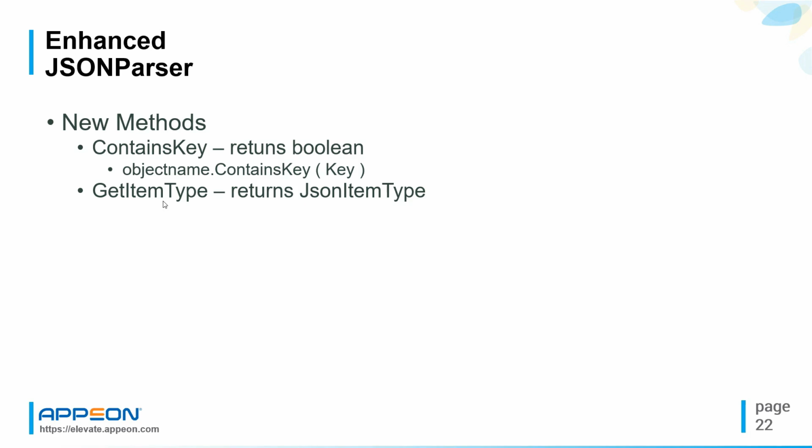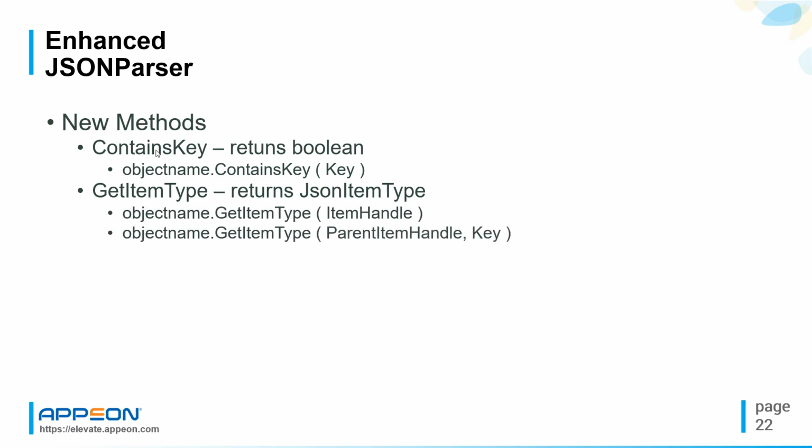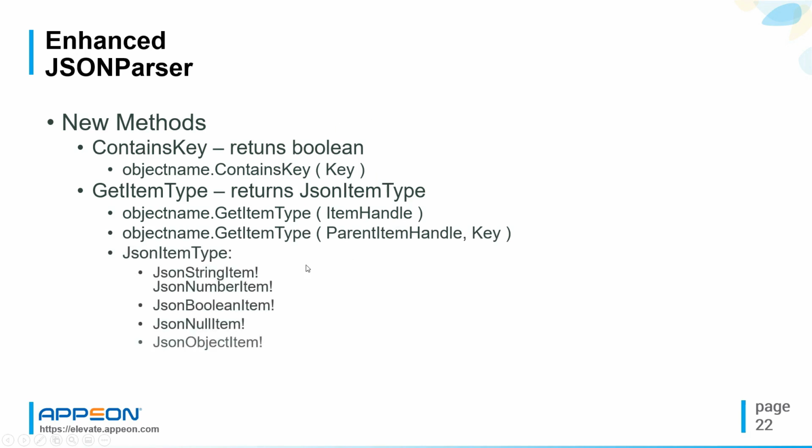And then based on that, branch to use the appropriate method to get the data out of the JSON. So you can either pass in the item handle for this next one, or you can pass in the parent item handle and the key value. And then the JSON item types are string, number, boolean, null, object, and array.